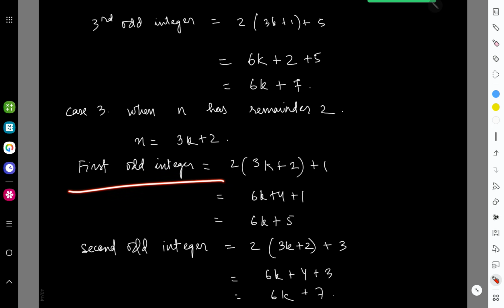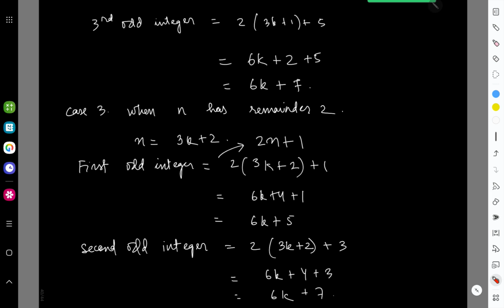Our first odd integer, you can first express the general form, 2n plus 1. In place of n, I substitute the value n is equal to 3k plus 2. Expanding, I get 6k plus 5. This is not a multiple of 3.